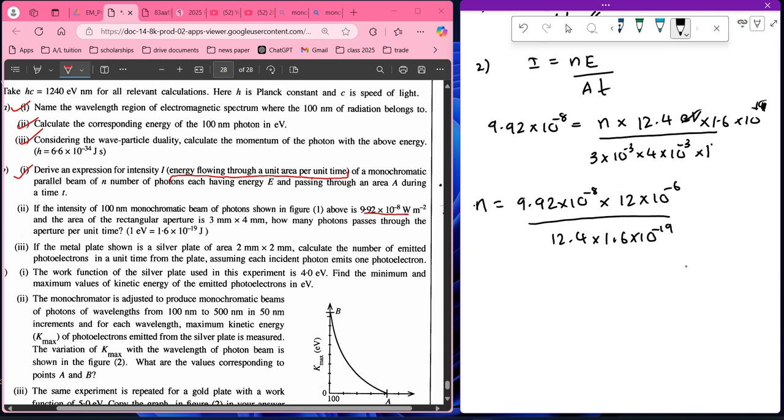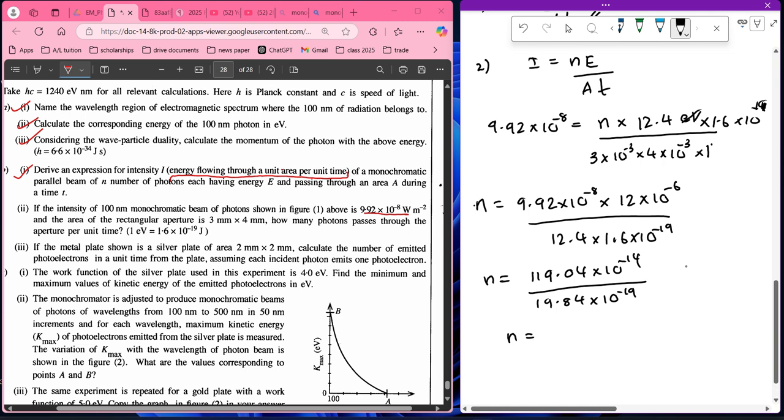Then the value of n, we can simplify this now. The numerator comes as 119.04 into 10 to the power minus 14. The denominator, once simplified, you get 19.84 into 10 to the power minus 19. And finally the n value, the number of photons passing through the aperture per unit time.